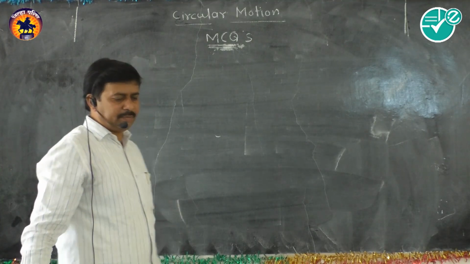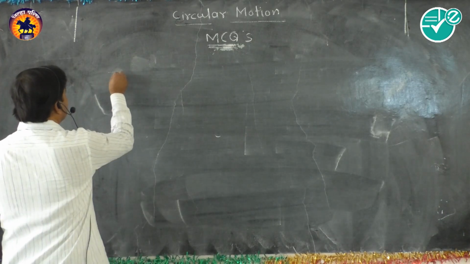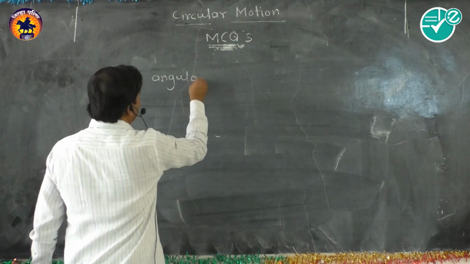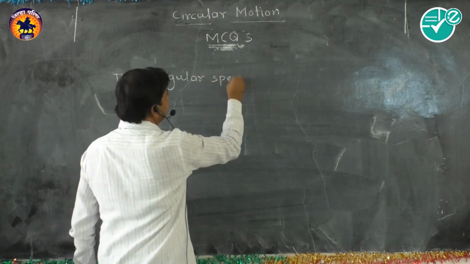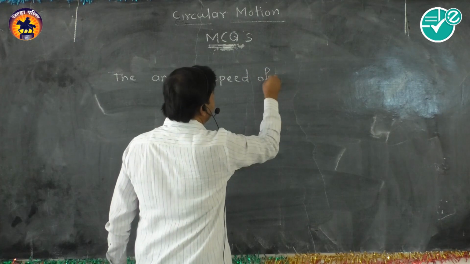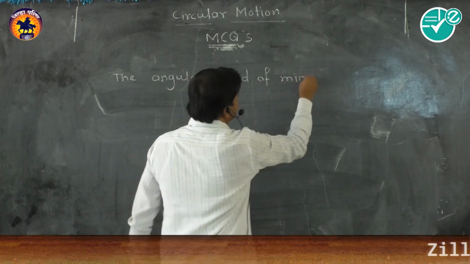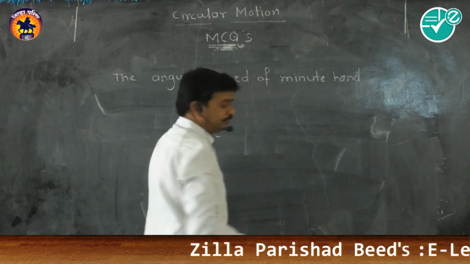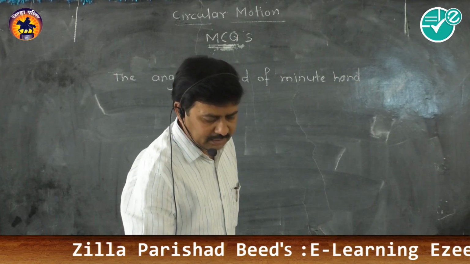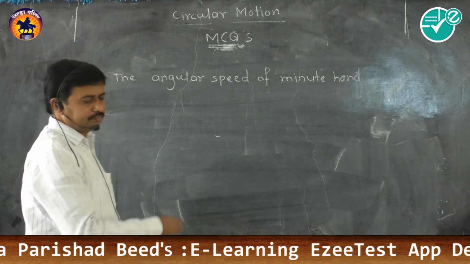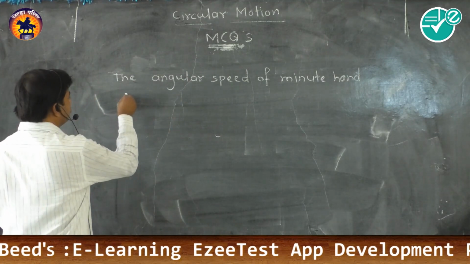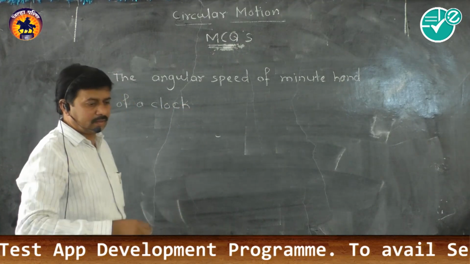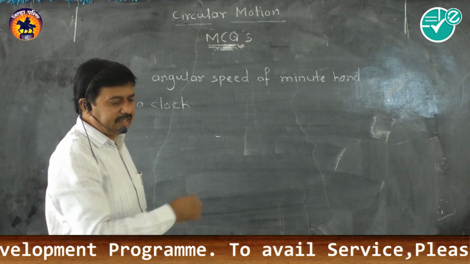The angular speed of the minute hand of a clock in degree per second.